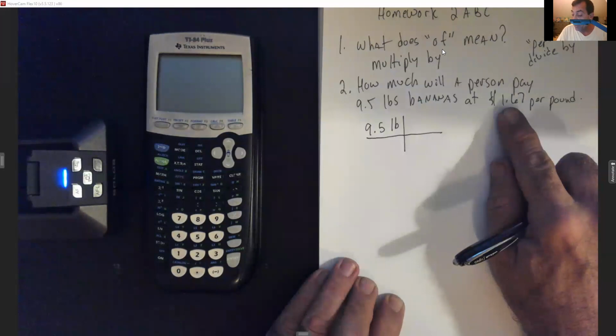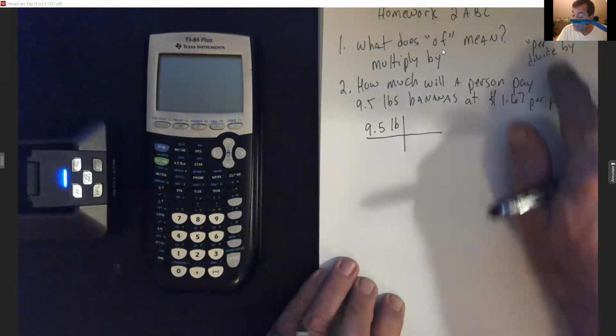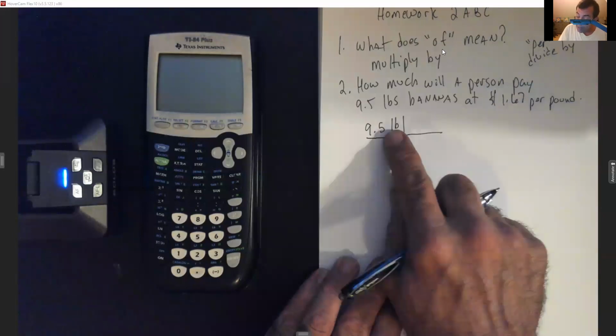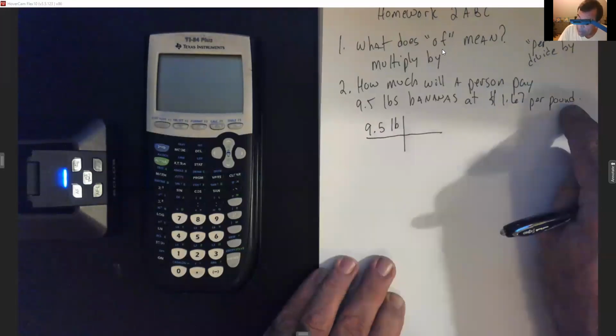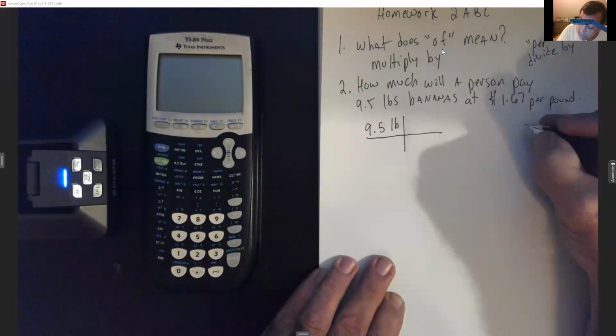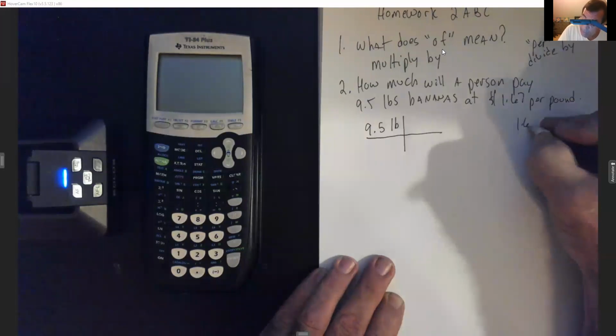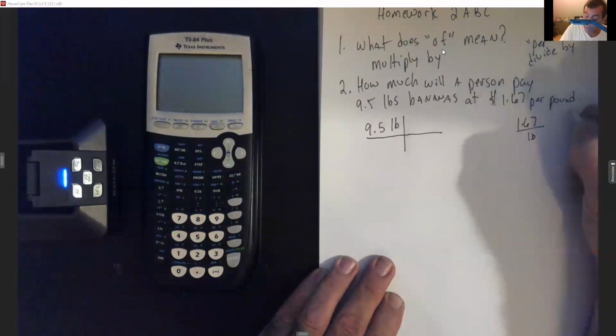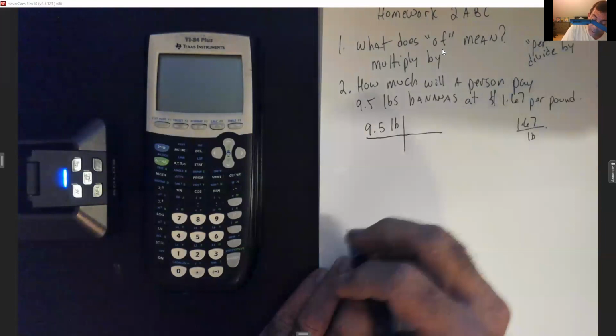Now here they're giving me a conversion because they're telling me it's $1.67 per pound. And remember, per means to divide by the pounds. So to cancel these pounds, this is like 1.67 dollars per pound, so that's what we put here.